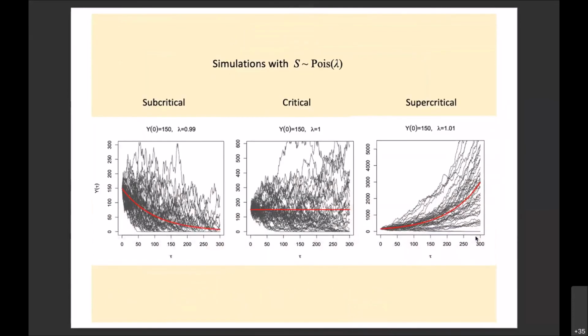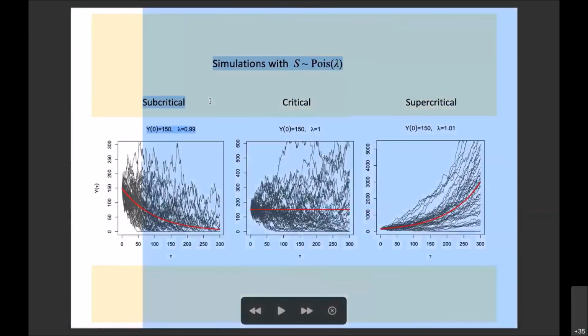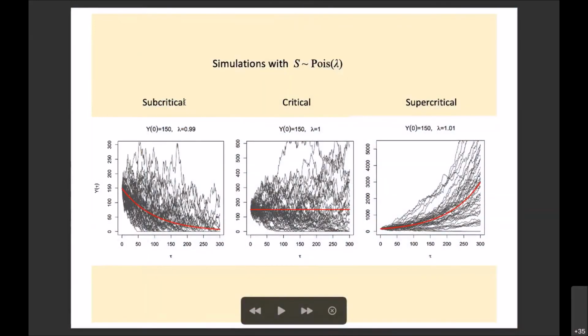Here are some nice simulations. I always like to show simulations because they really give the game away. If your process is subcritical, it's not surprising that the mean of the distribution is basically an exponential function dying away.